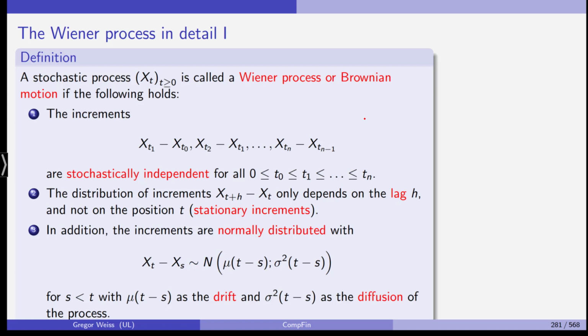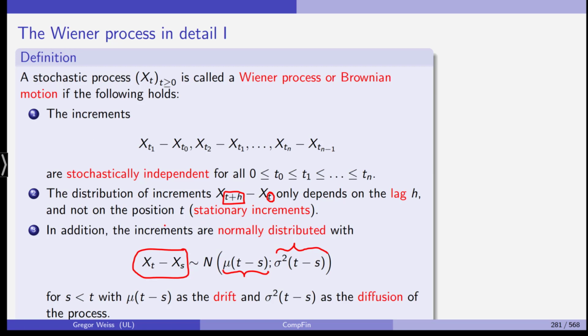So X_t is called a Wiener process if the increments, X_t1 minus X_t0, X_t2 minus X_t1, and so on, are stochastically independent, if those increments for any lag are normally distributed according to this, with this expectation and this variance, and if the distribution of those increments only depends on the lag h, so the time difference from t to t plus h, and not on the position of X_t, then we have stationary increments, and then this is a Wiener process.